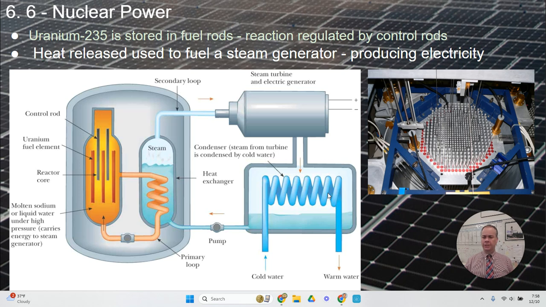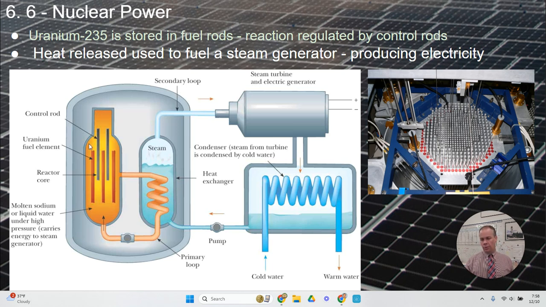These control rods contain a material that can absorb the neutrons that are produced by the nuclear reaction. And so by raising or lowering these control rods, you can prevent the neutrons that are released from the breakdown of uranium from reaching the next fuel rod. And so you can moderate the pace of the nuclear reaction to generate more electricity, to generate less electricity, etc.